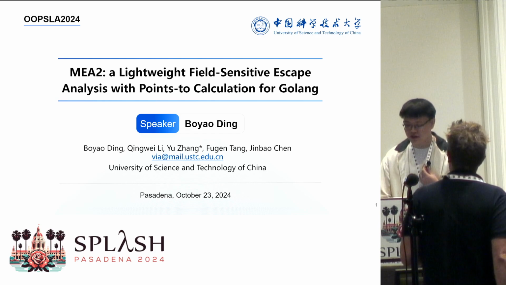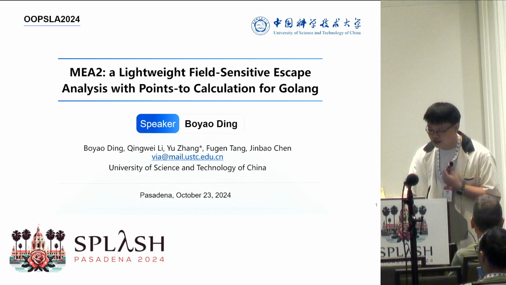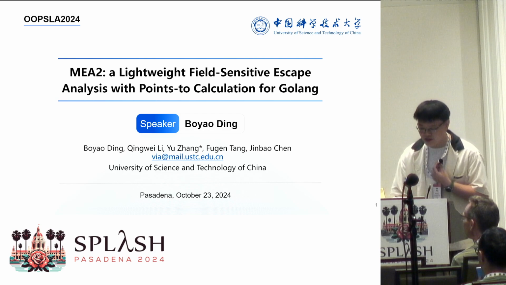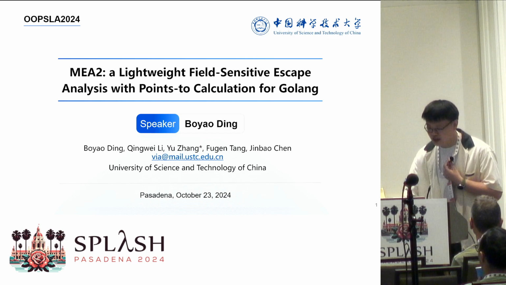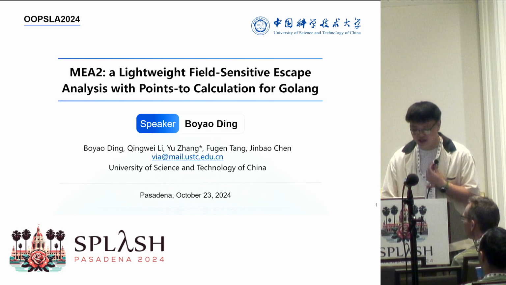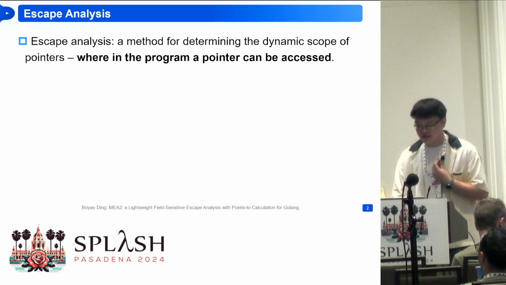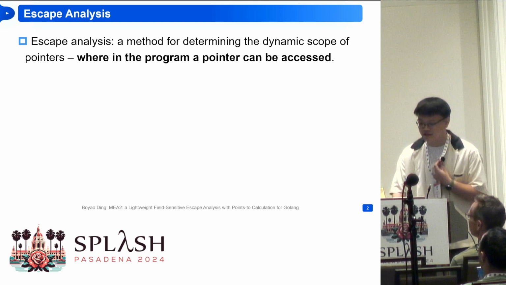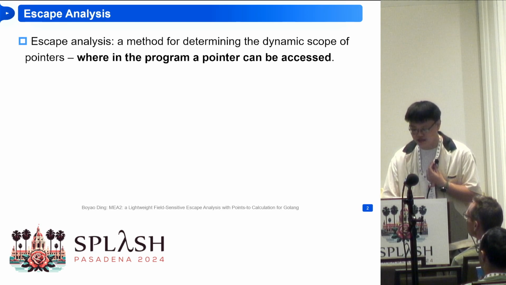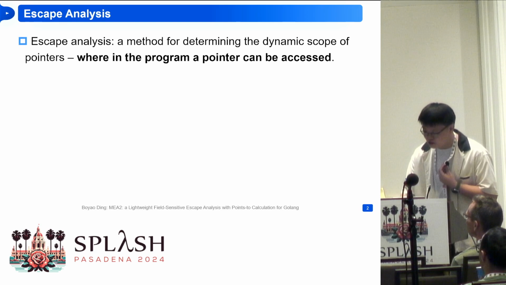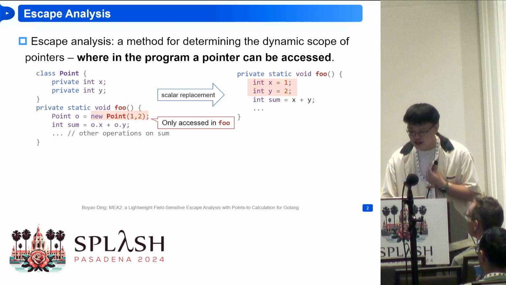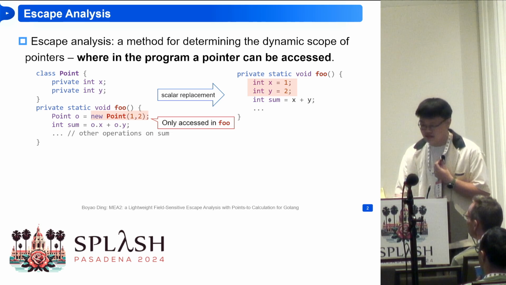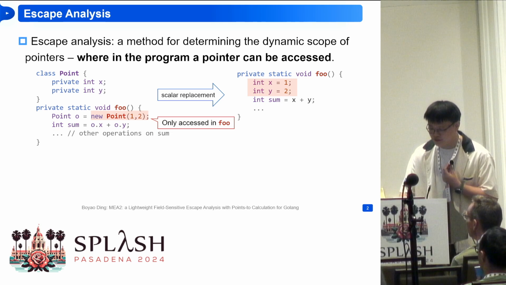I'm Boyao from USTC. It's my pleasure to be here today to present our research work, MEA2, a lightweight field-sensitive escape analysis with point-to calculation for Golang. Escape analysis is a method for determining the dynamic scope of pointers. That is, where in the program a pointer can be accessed. Escape analysis allows for optimizations such as stack allocation and scalar replacement.